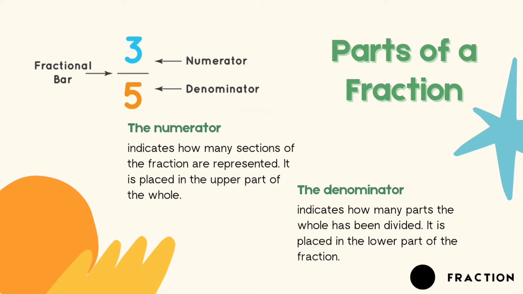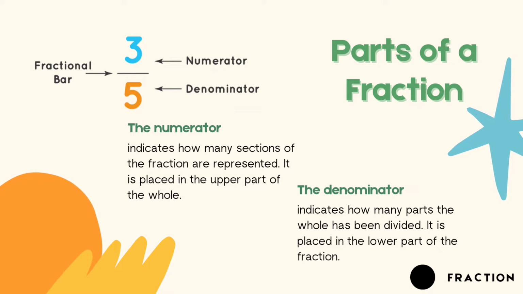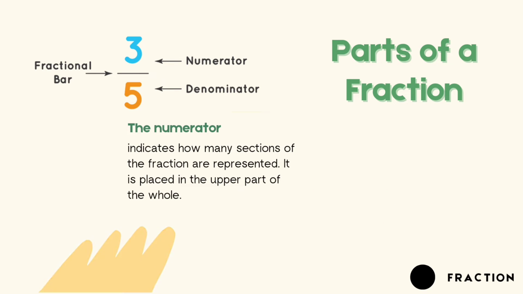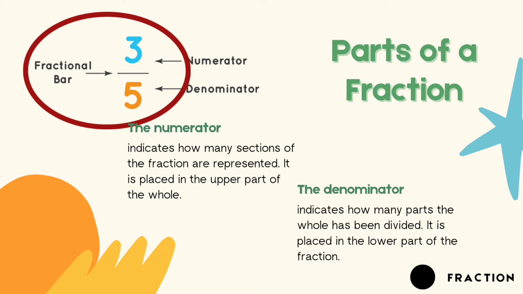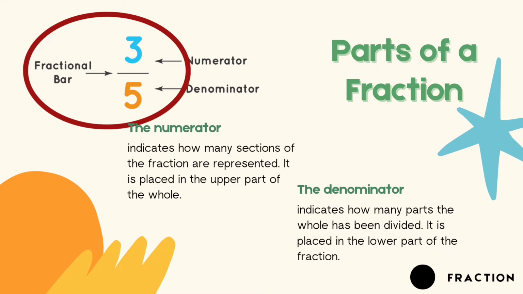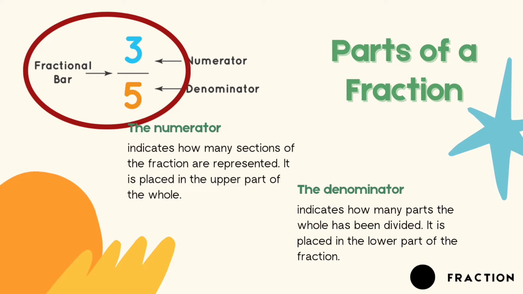The lower part is the denominator, which indicates how many parts the whole has been divided into. What separates the numerator and denominator in a fraction is the fraction bar. So, every fraction consists of a numerator and a denominator.